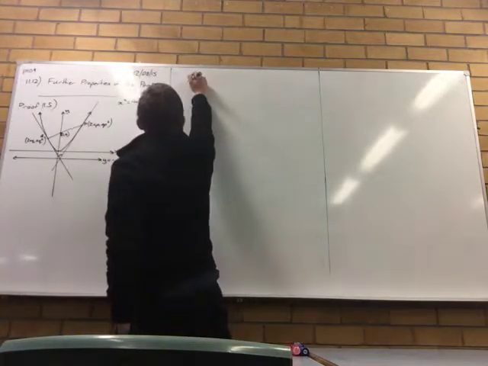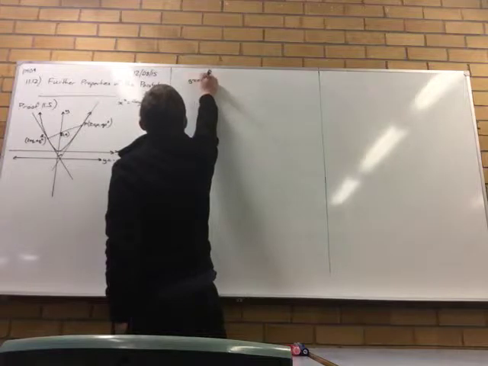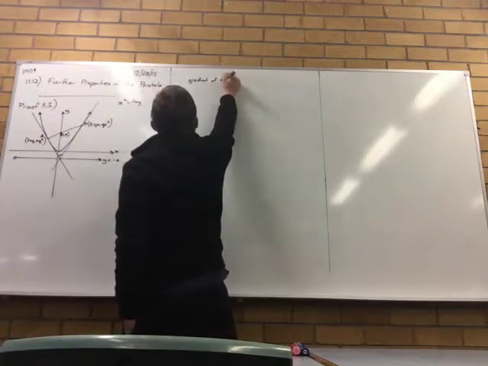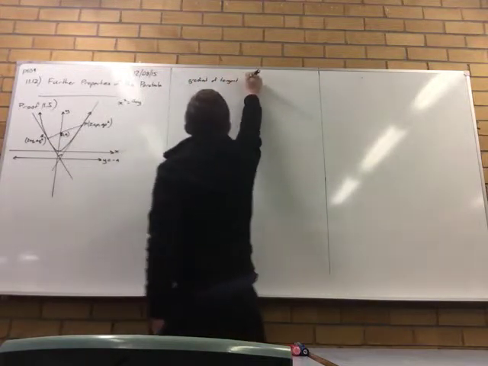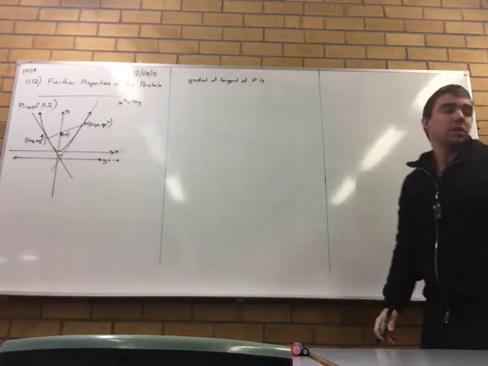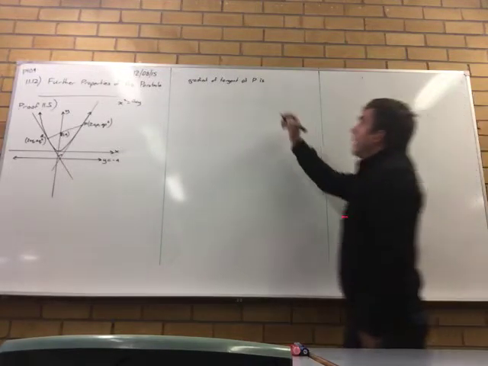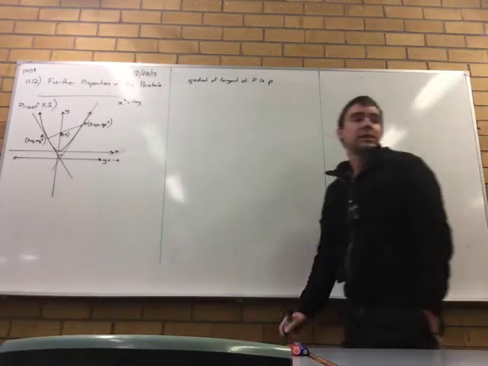The gradient of the tangent at capital P. Does anyone remember what this is? Little p. One thing you can remember, and that'll also save you a bit of time.